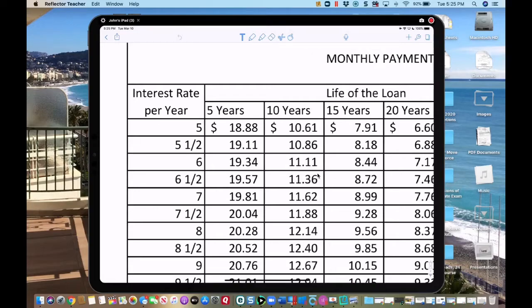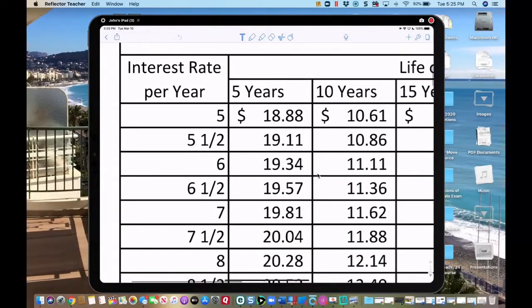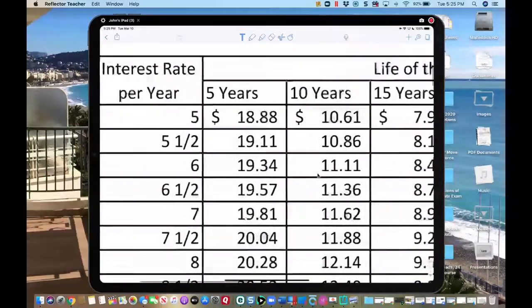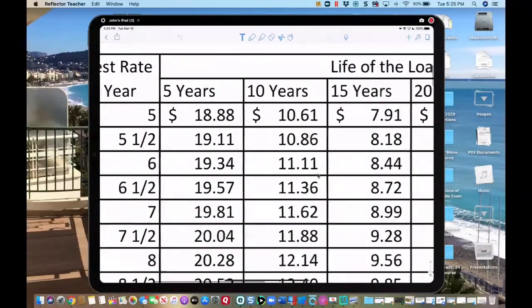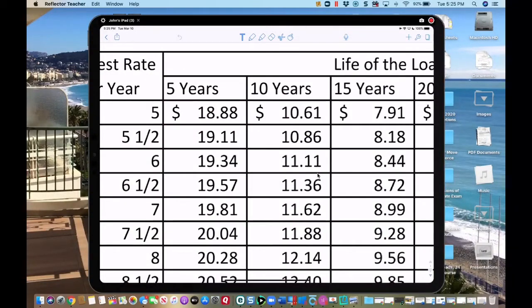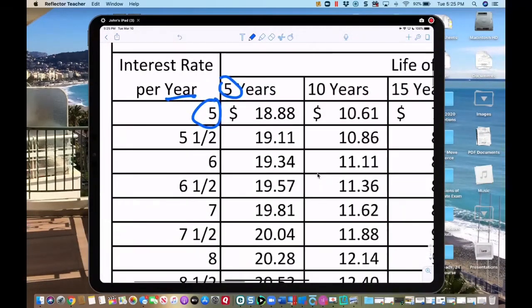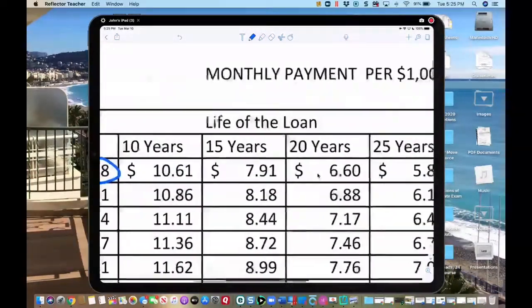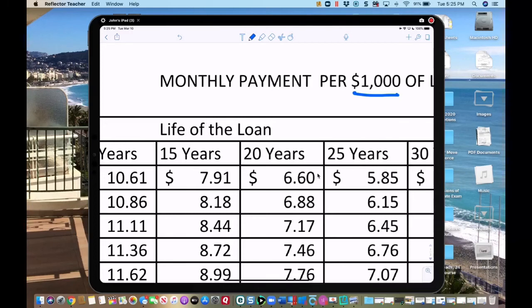But you can see here, the table actually gives you interest rates in one column, and then you can see 5 years, 10 years. If they gave you information in a problem and said it was 5 years, as we see here, and this is the interest rate, you would take this number, $18.88, and multiply it per 1,000.